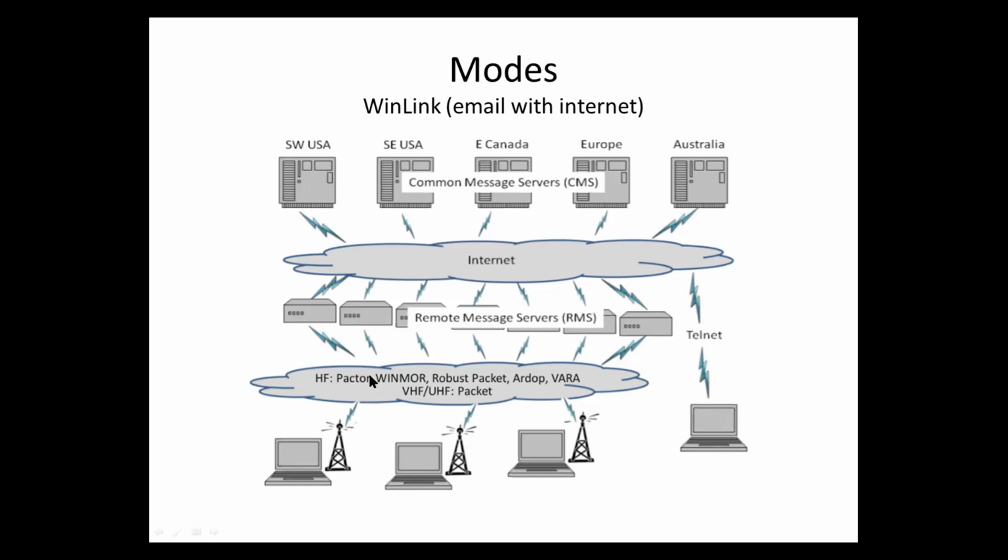It could either be HF, you can also do it with VHF and UHF, but it'll transmit the information wirelessly with RF to receiving stations that have HF or VHF, UHF receivers. So they're receiving the email and then tying it to the internet.